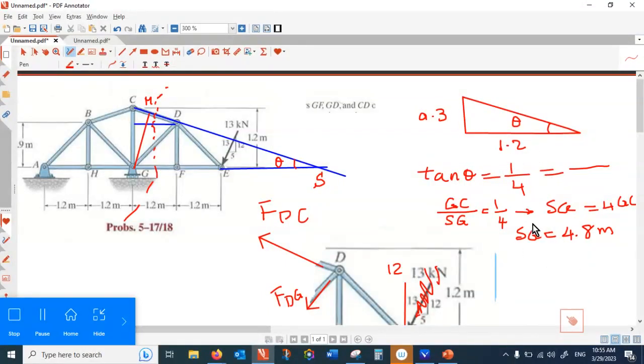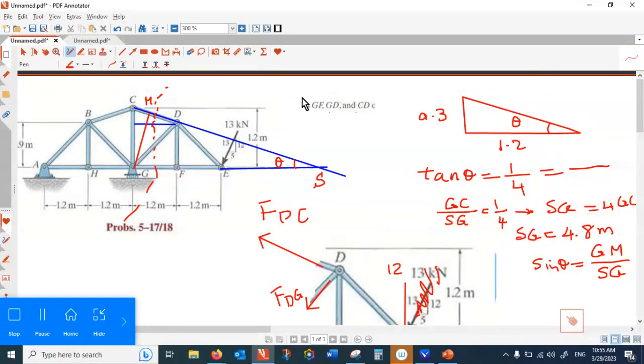Okay. If that's 4.8, then this time sine theta. Sine theta is GM divided by GS, or SG. And what is sine theta?